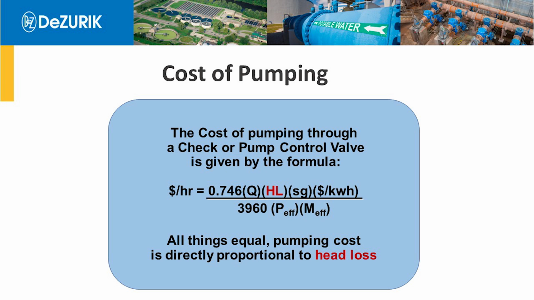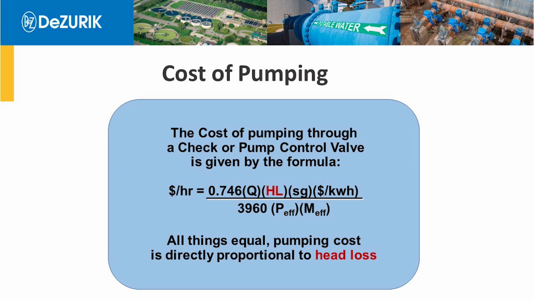So this is calculating how much electricity is needed to push the fluid through your pump control valve, whether it's a lever and weight swing check valve or a motor actuated ball valve or cone valve. And we can do a comparison to see which valve makes the most sense for a pumping application.